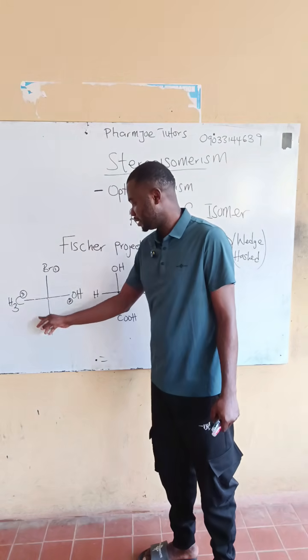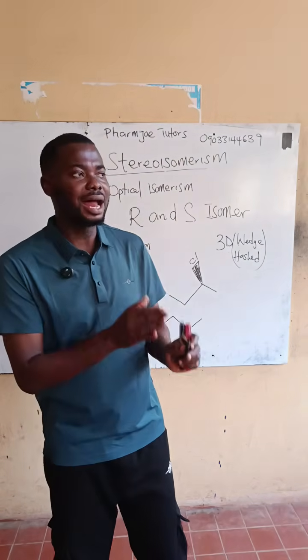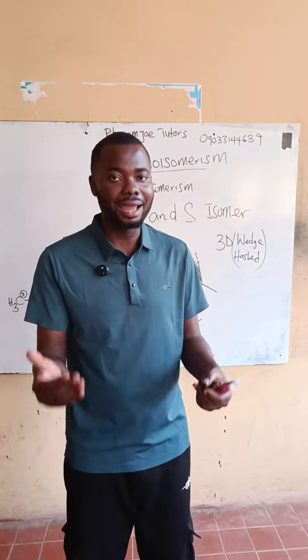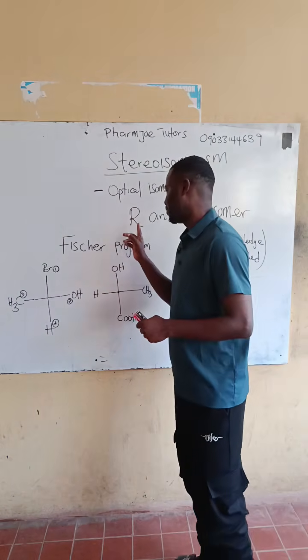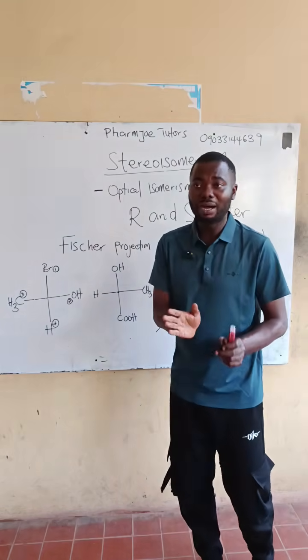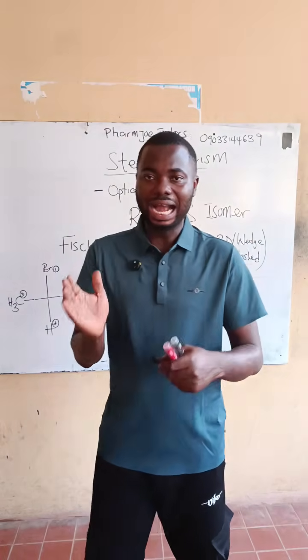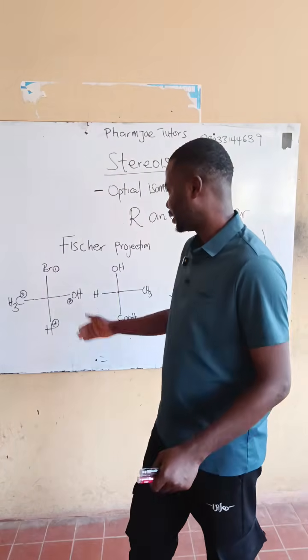This is different from this, is different from this, is different from this. That is a chiral carbon. So R and S is assigned on a chiral carbon or chiral center. Is that clear? Another thing I have said again is that for you to understand R and S isomers, you must remember your CIP rule, the Cahn-Ingold-Prelog rule. I think that is clear.